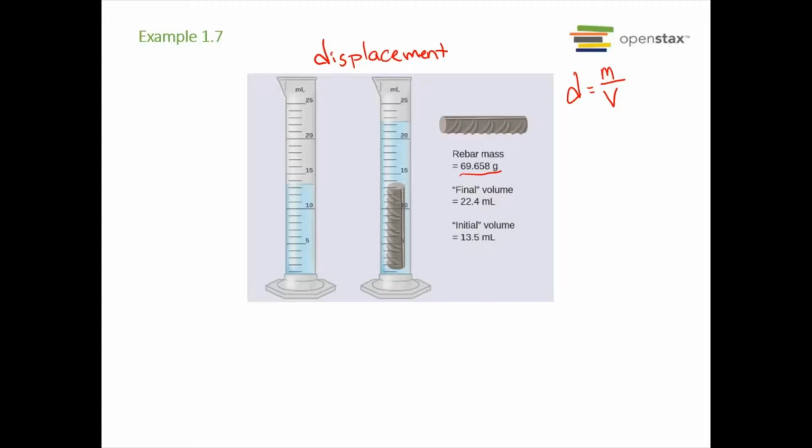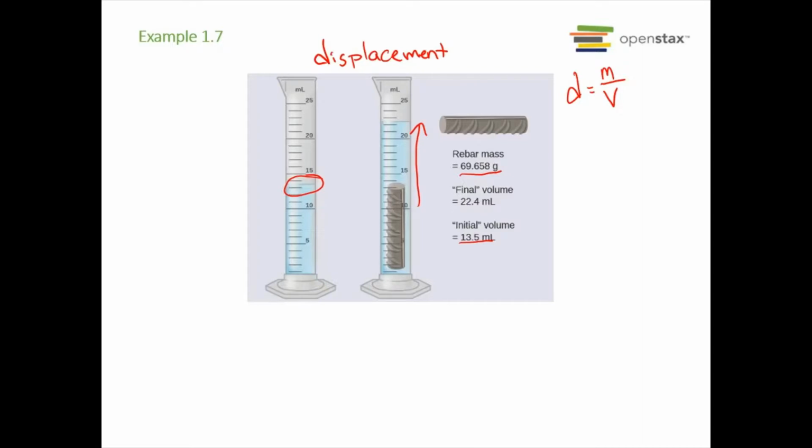So you start by taking a graduated cylinder, that's what these pieces of glassware are called, and we are going to pour some water in it and measure our initial volume. They measure this initial volume to be 13.5 milliliters. Then we take our piece and drop it in the water, and the water level is going to go up.